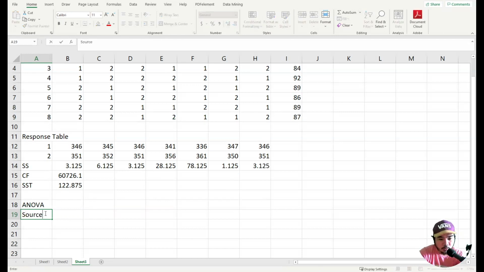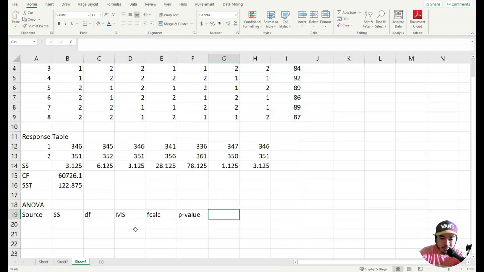So we do Source, SS, DF, MS, and the last is FCalc, and let's do p-value. Again, I like to do p-value, class, but if you're more familiar with Fcrit, you can use Fcrit instead of p-value. Then we do Conclusion.